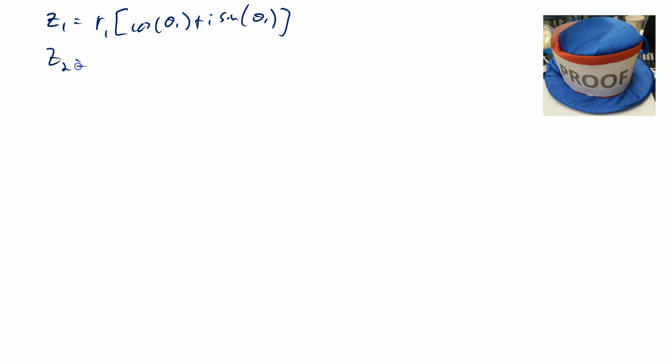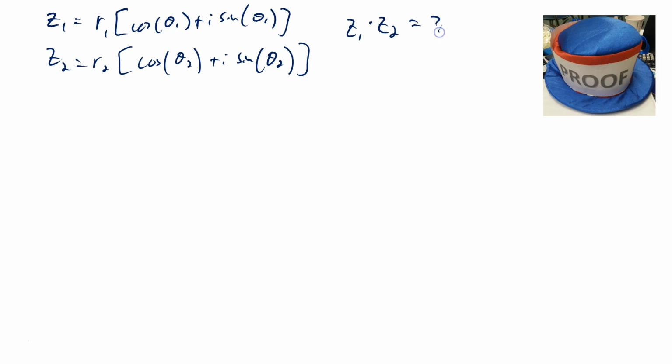And z2 is r2 cosine of theta 2 plus i sine theta 2. We're just going to do the first one, the one we're actually going to prove, z1 times z2. So the question is, what do we get when we multiply those? I'm going to do the work for you, and then you're going to see that we come up with a really nice formula here, so you're never going to have to work too hard for this.